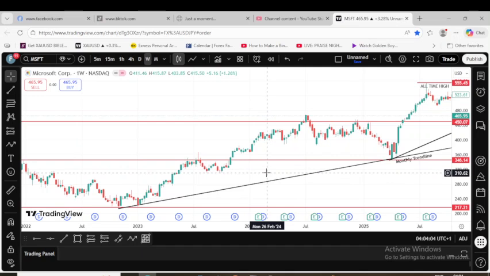Okay, so now we've gone down to the weekly time frame. Let's identify our weekly zones. We have a zone here.